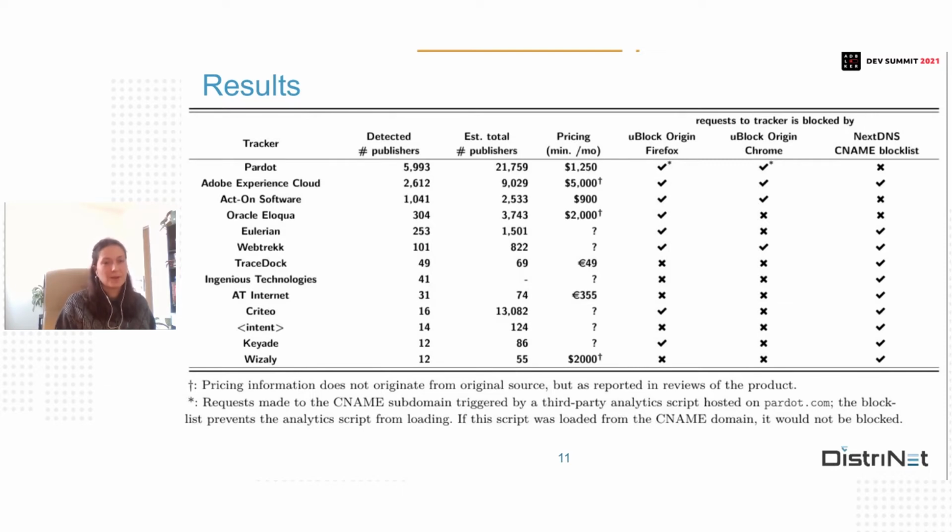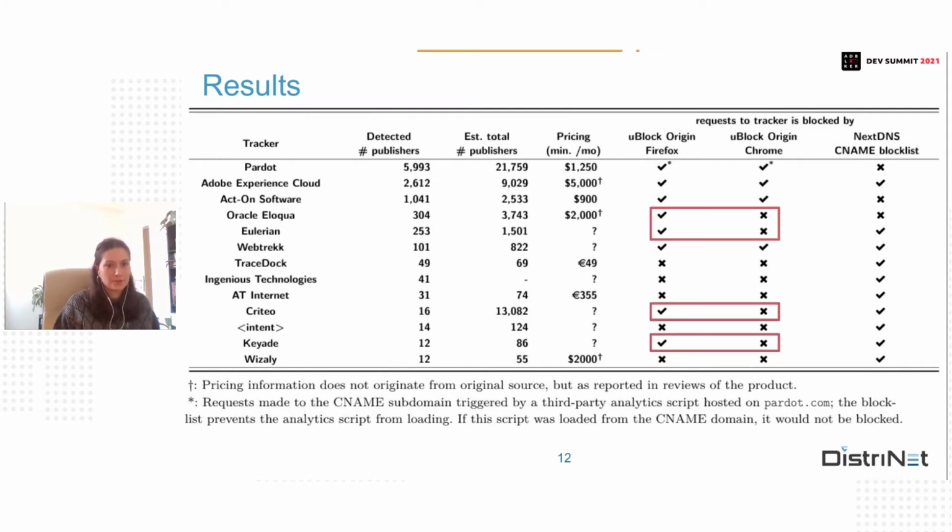And finally, we had a look at whether the uBlock Origin extension on Firefox and Chrome was able to block requests by these trackers and whether these trackers were included in the NextDNS CNAME block list. This block list we also used to extend all of the trackers that we considered in our analysis.